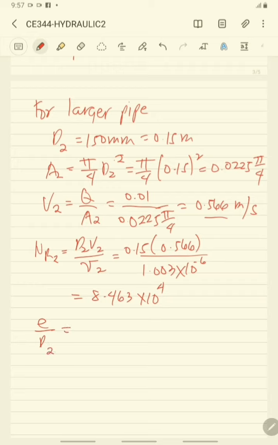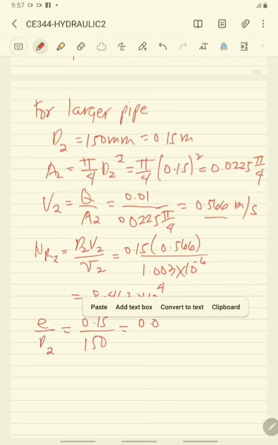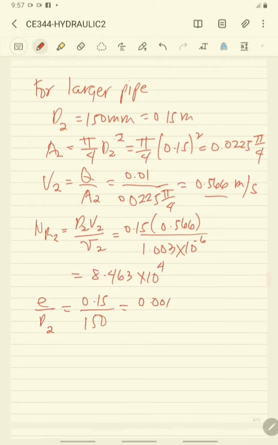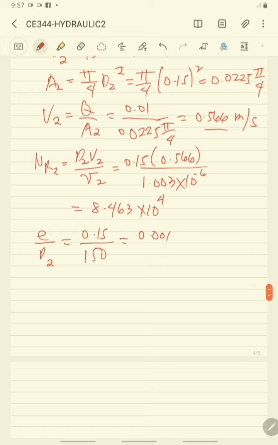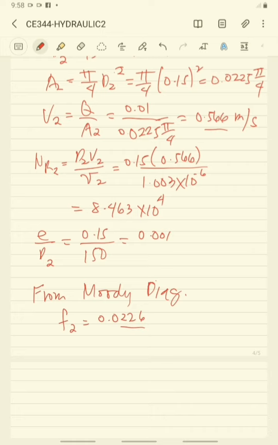Still, we can use the Colebrook-White equation in getting the friction factor. The relative roughness is equal to 0.001. Then from the Moody diagram, your F2 is equal to 0.0226. So this is rounded off or taken to at least 3 significant numbers.